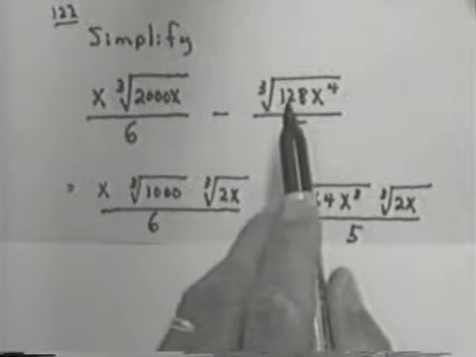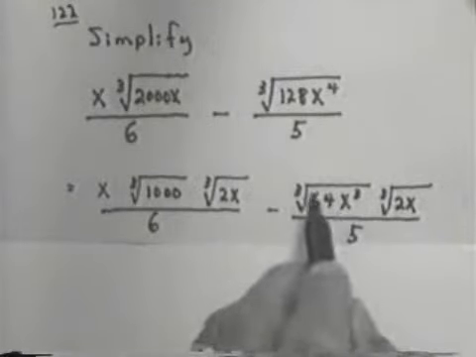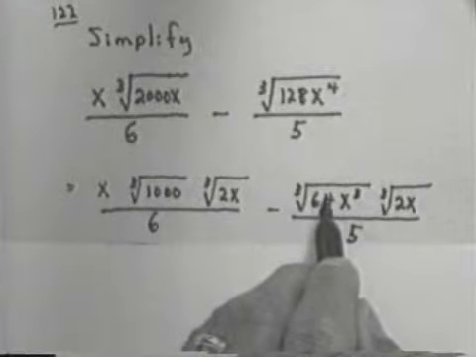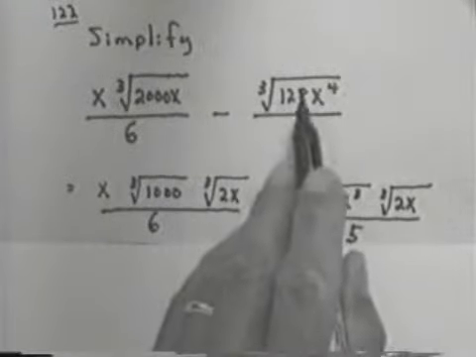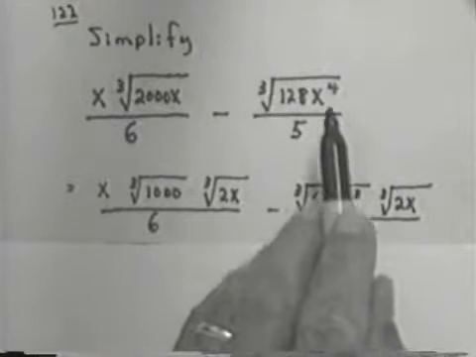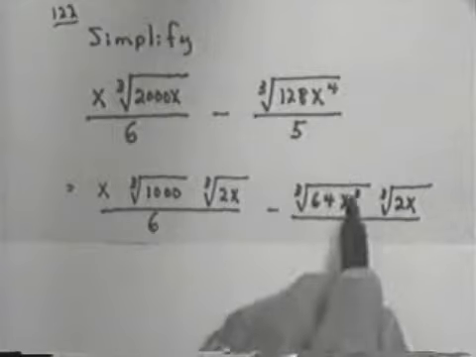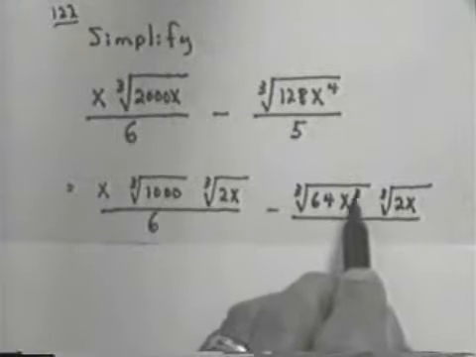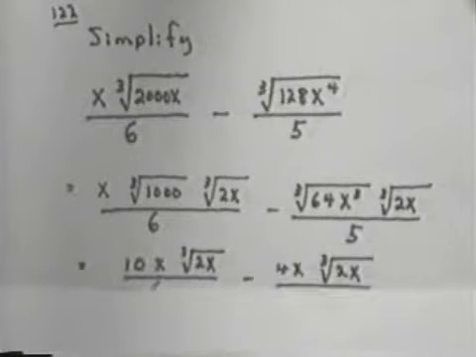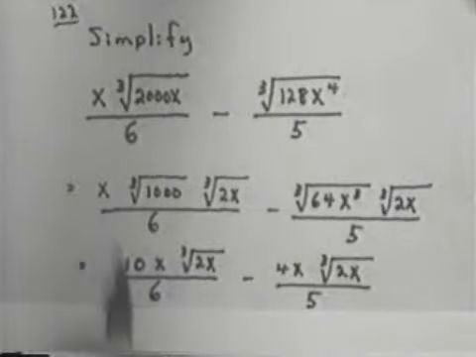Now I've got to break 128x to the 4th into what is a cube and what's not. 64 is a cube. 64 goes in 128 2 times. X to the 4th is not a cube, but I can factor x to the 4th into x cubed times x. And x cubed is a cube. Now I can take the roots. I have x.